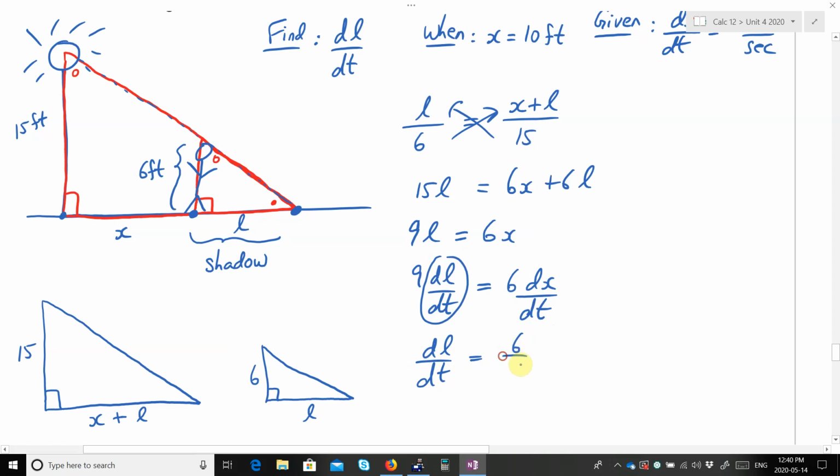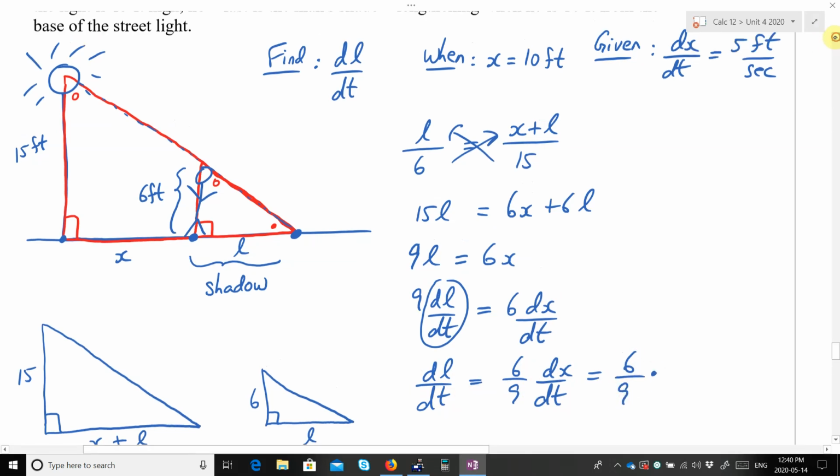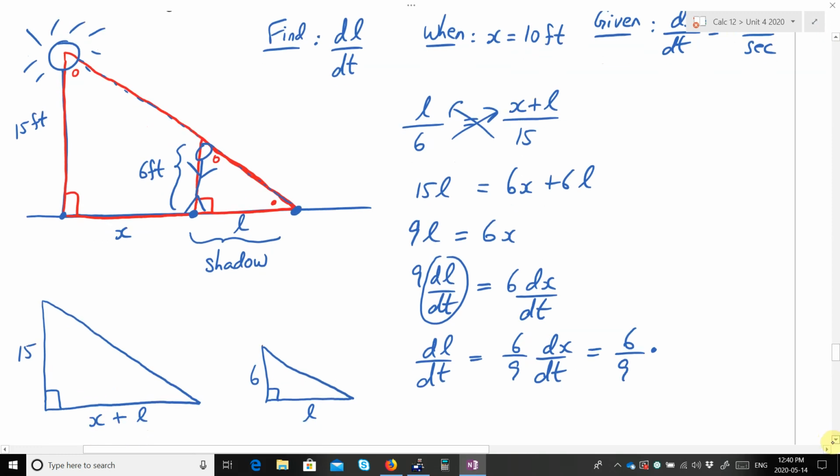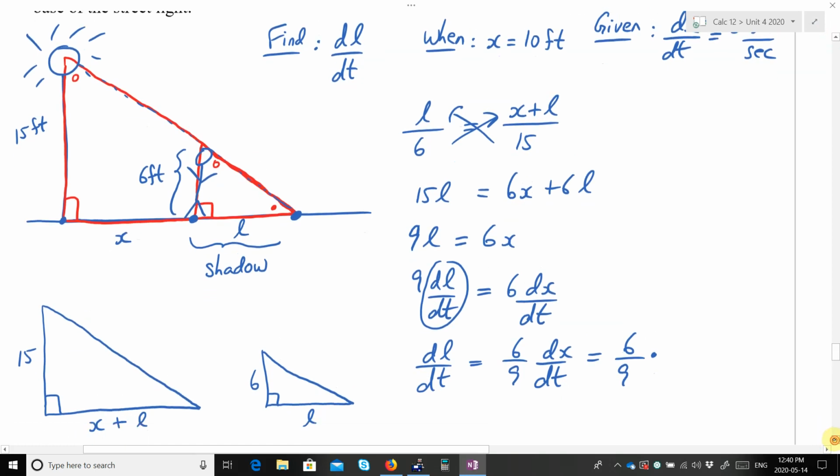So we will get 6 over 9 times dx/dt, which is 6 over 9 times 5 feet per second.